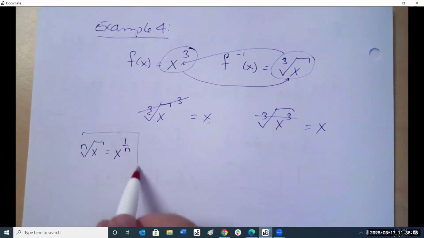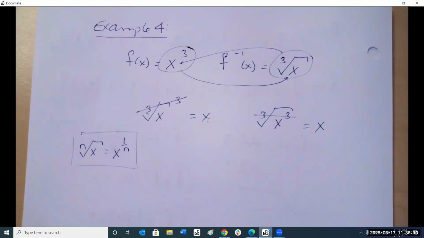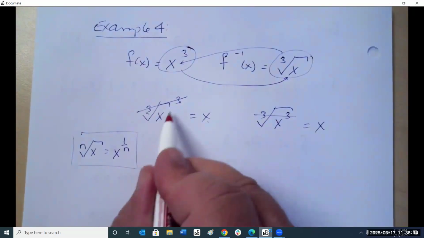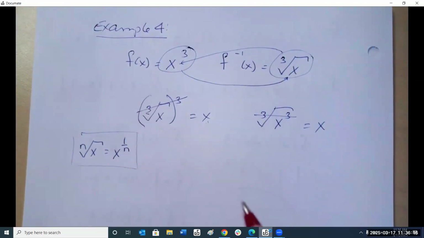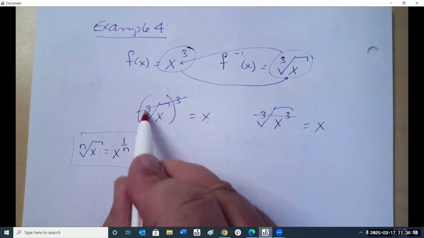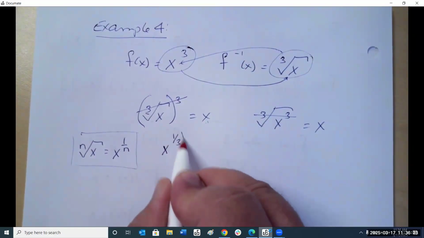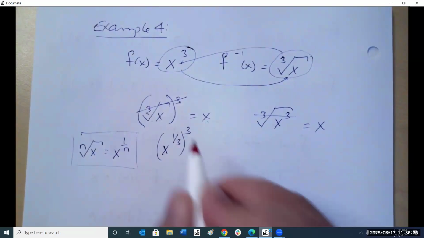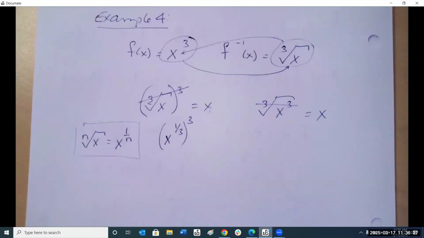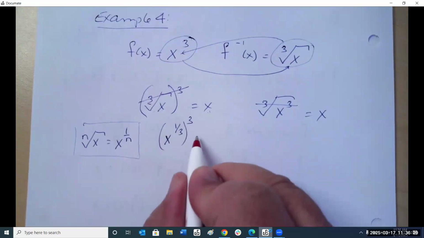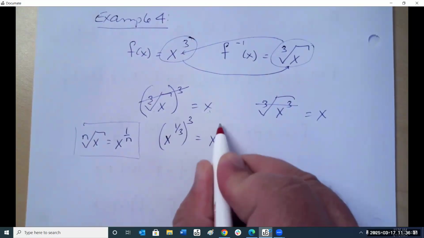It has to do with this conversion factor. The cube root of x is the same thing as x to the power 1/3, to the power 3. Whenever you have a power to a power, you multiply.